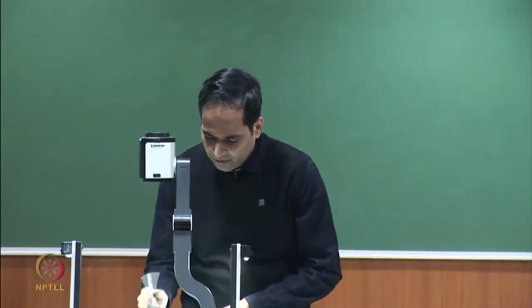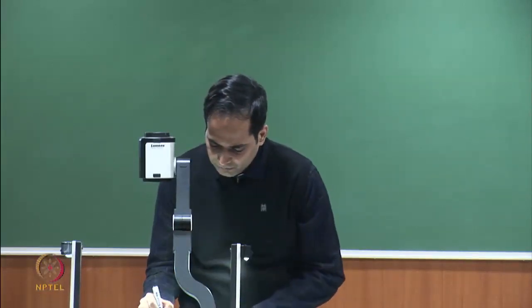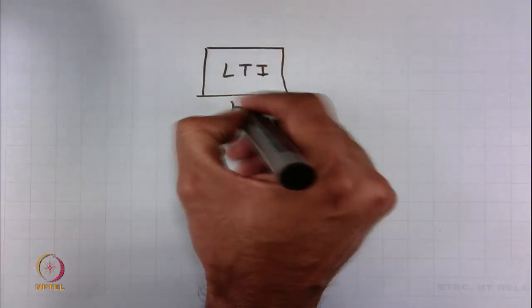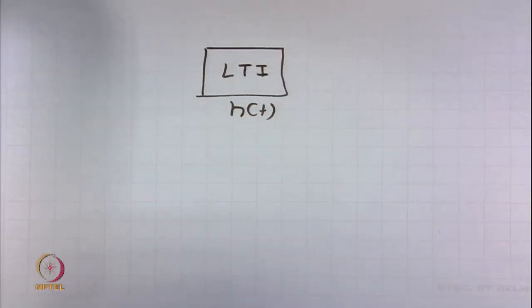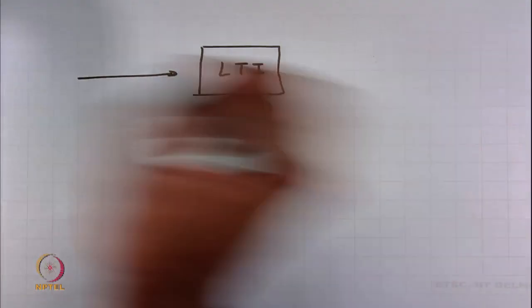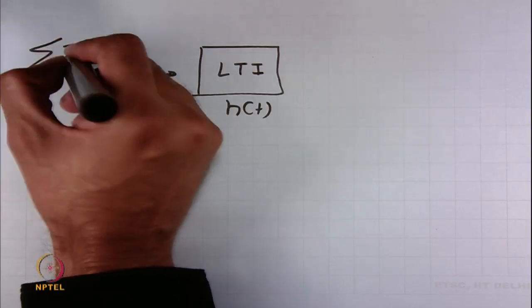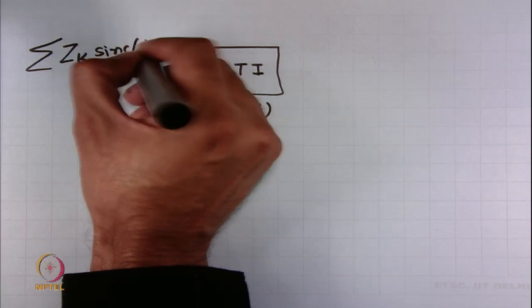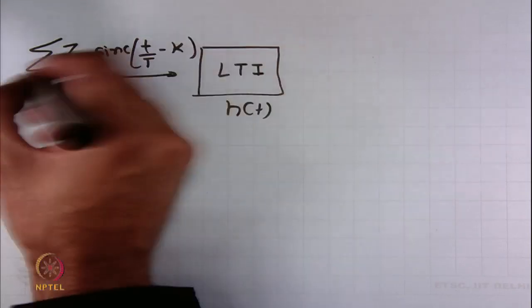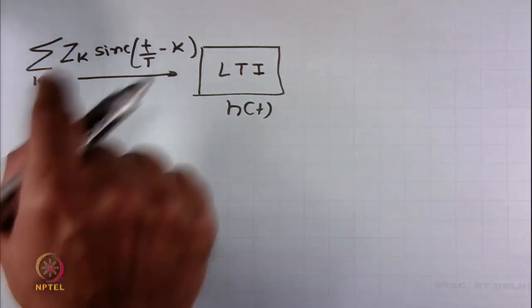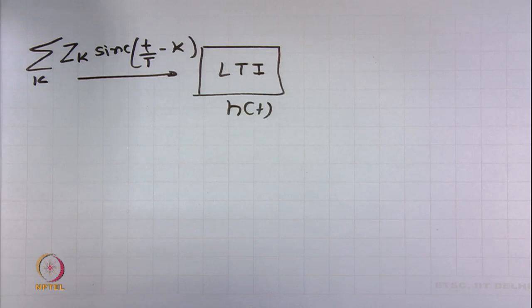So, let me assume that we have an LTI system, and let me assume that the impulse response of this LTI system is h of t, and that at the input of this LTI system we have a Gaussian process. As you would have known by now, for this to be a Gaussian process, the zk has to be independent Gaussian random variables.